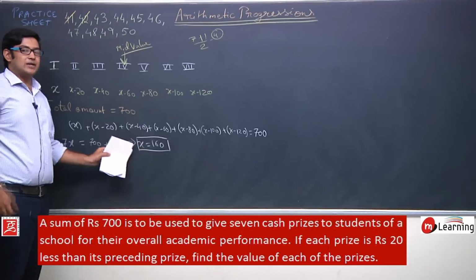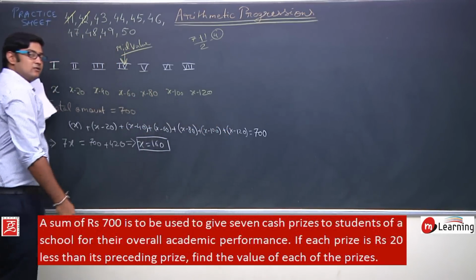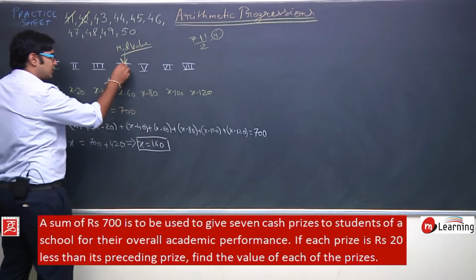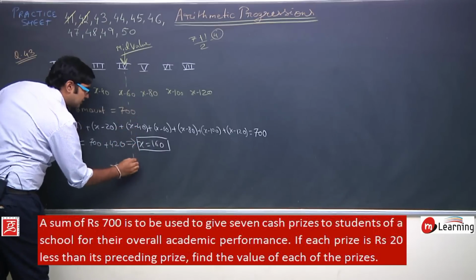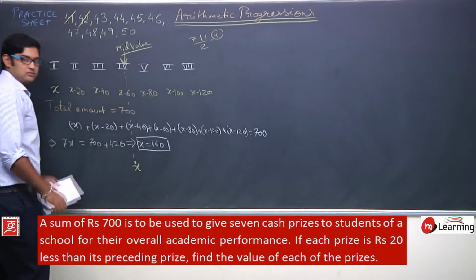Why is it the mid? Because on the right side of the fourth we have 3 prizes, and on the left side of the fourth again we have 3 prizes. So I can assume this fourth prize as rupees x.